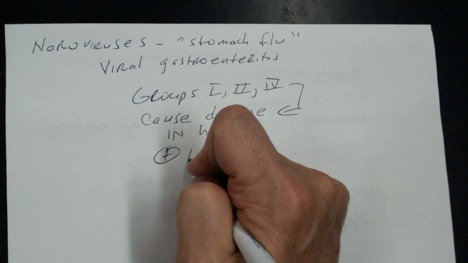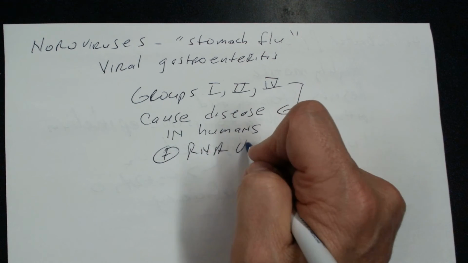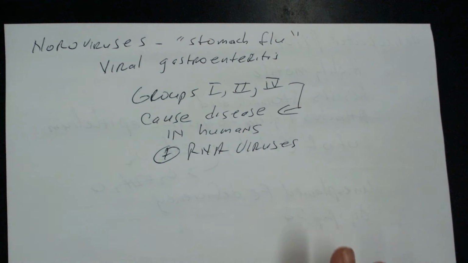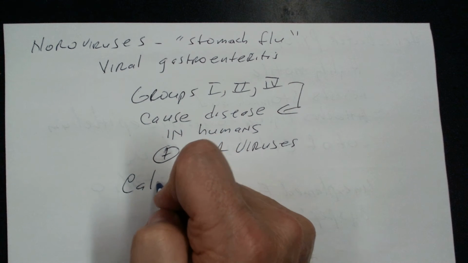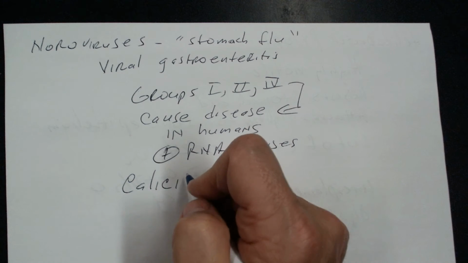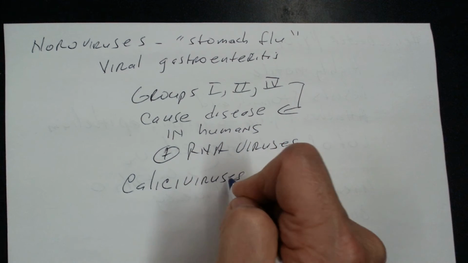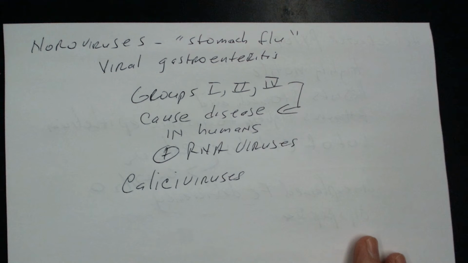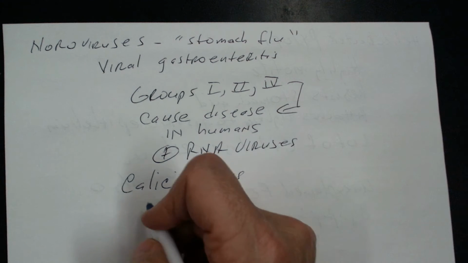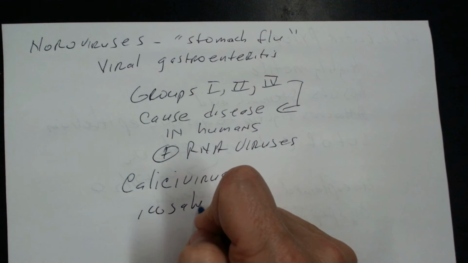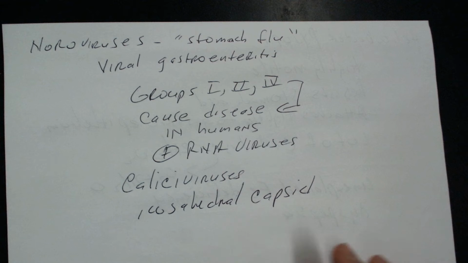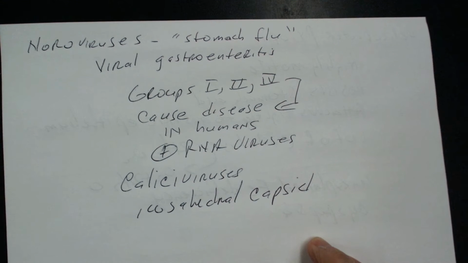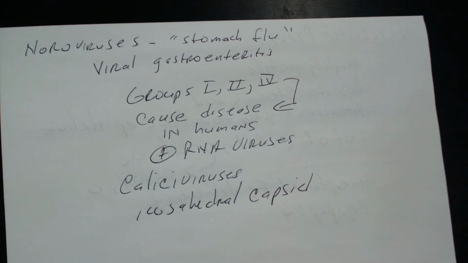So these are positive strand RNA viruses. They're part of the Calicivirus family. They're not enveloped. They have an icosahedral capsid. They're quite small, these viruses.